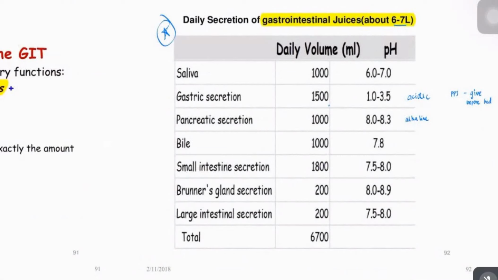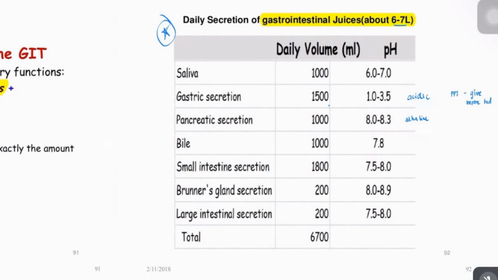So your saliva, daily volume 1,000, the pH is 6 to 7. Gastric secretion is 1,500, pH 1 to 3.5, acidic in nature. Your pancreatic secretion, 1,000, pH 8 to 8.3, more likely to be alkaline. Bile, 1,000, 7.8.